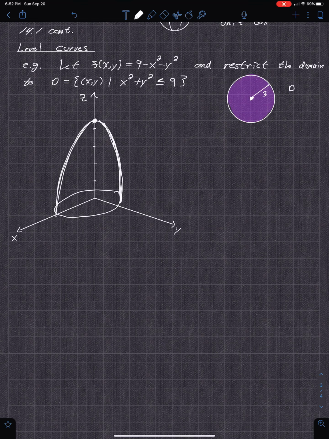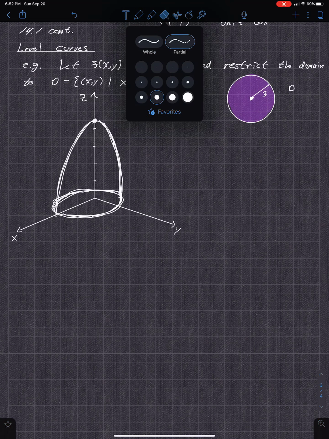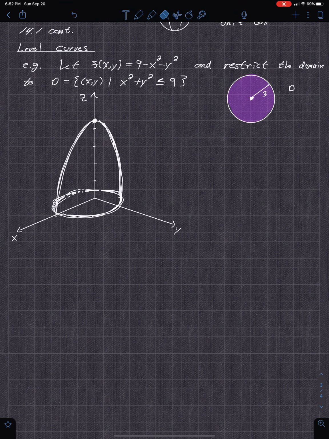You can sketch them going in, erase later, and then the back can be dotted. You can make it look a lot nicer if you want, but you get the idea. So that's my paraboloid that opens down like that.